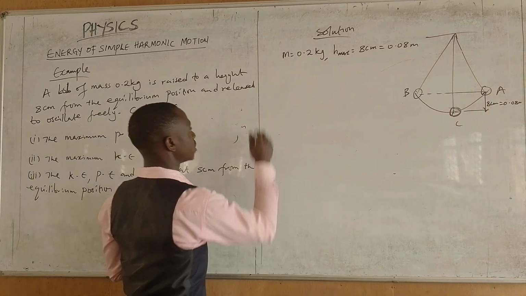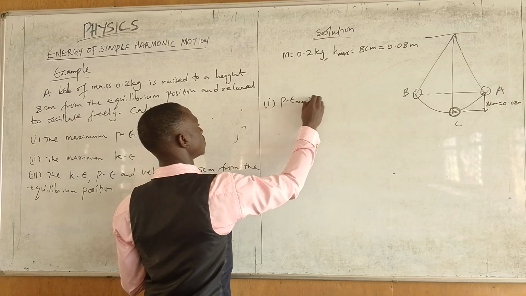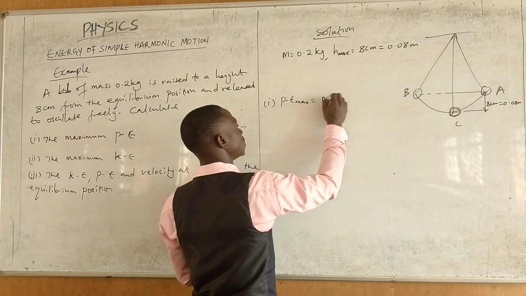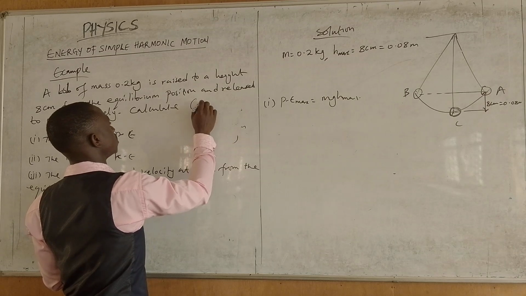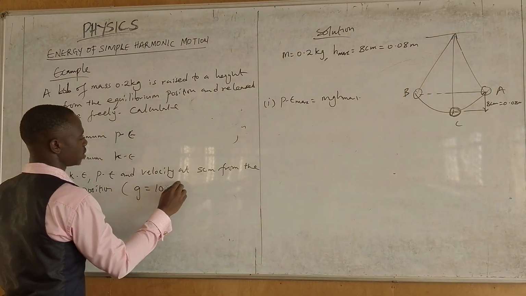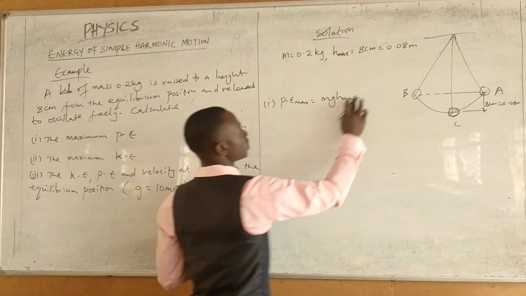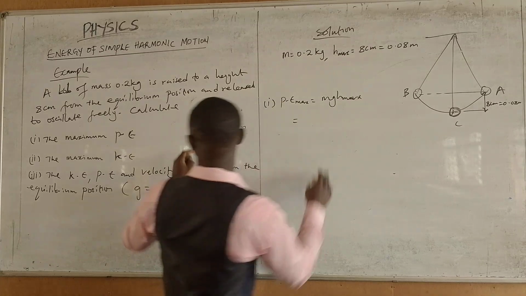So what's the maximum PE? PE max will be equal to mg h max. Take g to be equal to 10 meter per second square. So what's our mass?